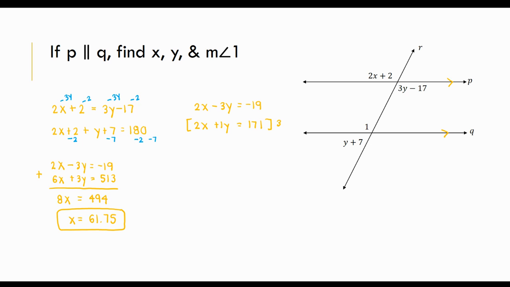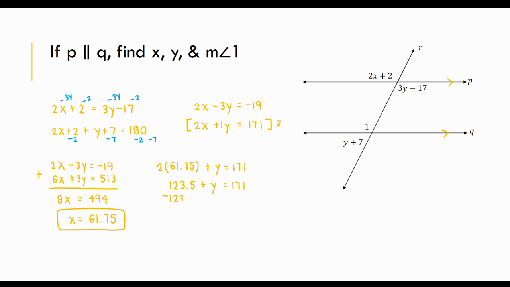Okay, now I need to solve for y. So there's quite a few different equations. I think I'm going to go back to the equation that I had prior to multiplying the bottom by 3. So I'm going to have 2x, but now I know that x is 61.75, plus y, and that equals 171. Well, when I multiply 61.75 by 2, I'm going to get 123.5 plus y equals 171.